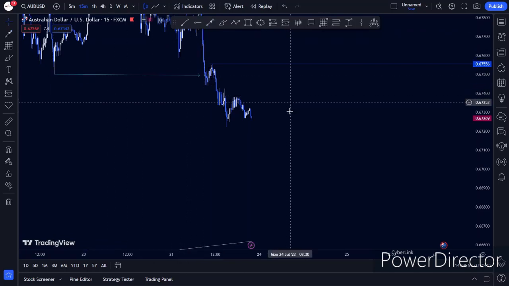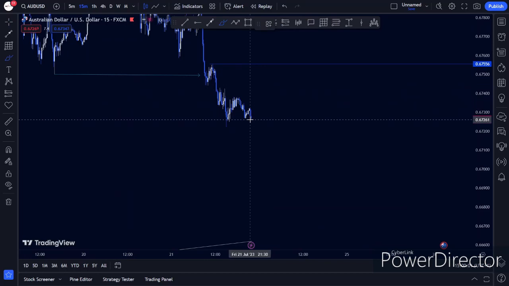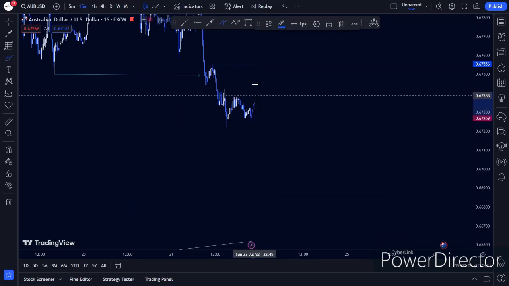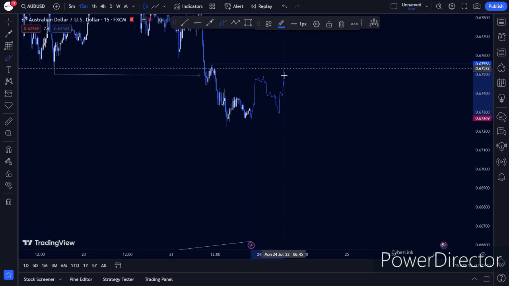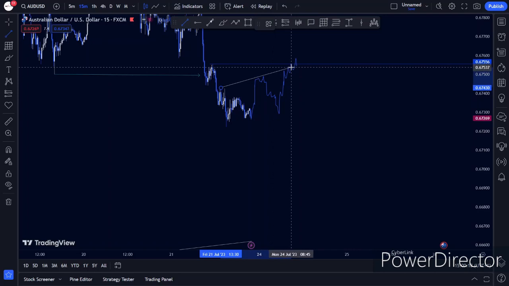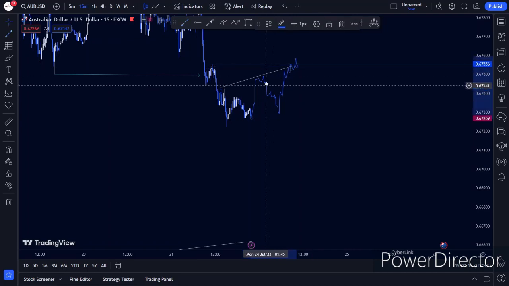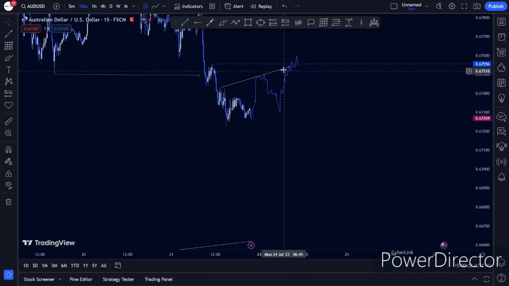So we understood we break this low. So we could just get something like this, and you have to understand this is also possible.